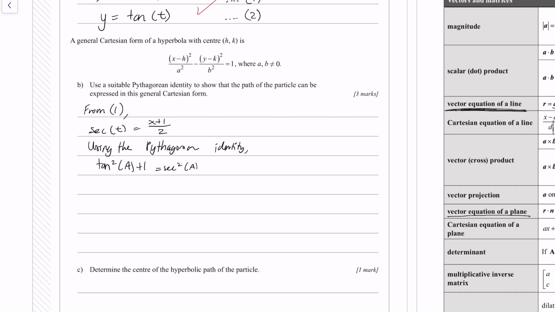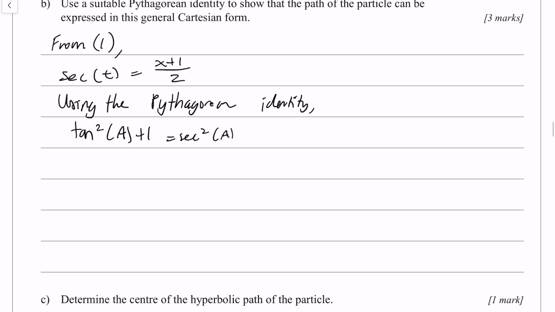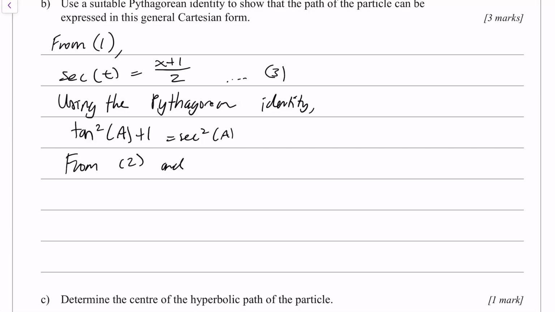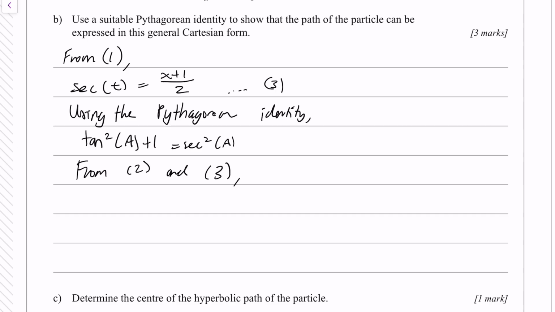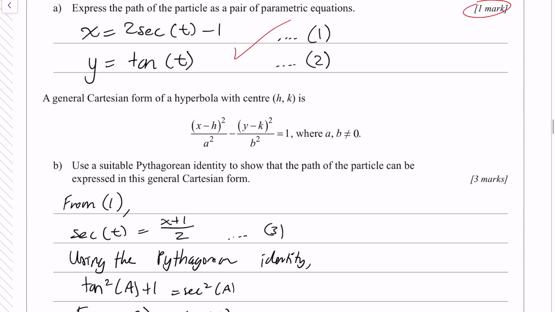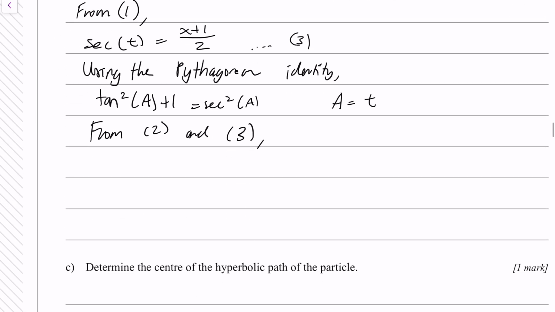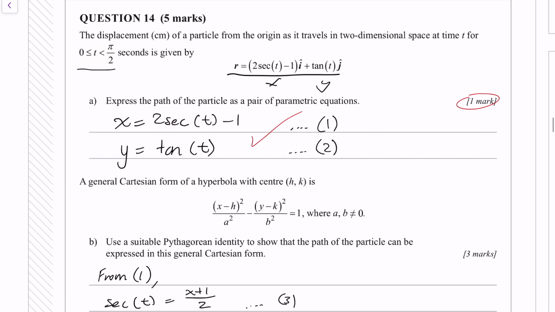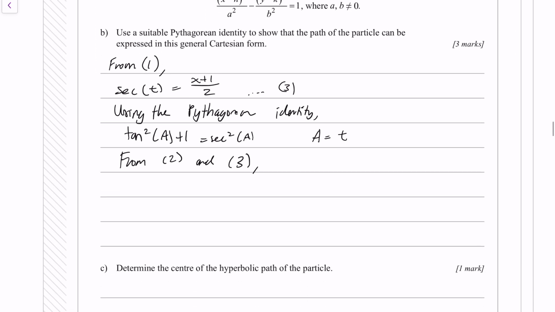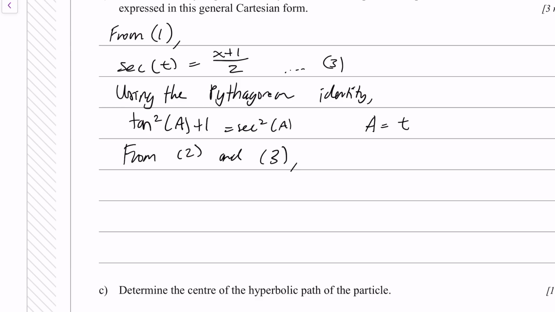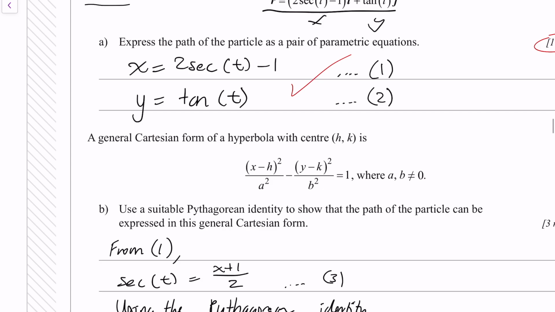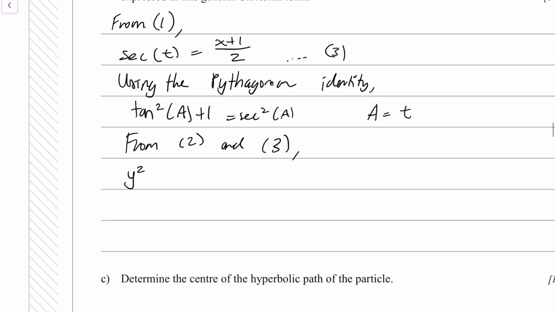From that, I can now say that from equation 2, and if we make this top equation up here 3, then I know that my tan squared of a is just essentially y squared because, well, if we let a equal t, which would be the angle in this case, then I'm basically just doing y squared, which is tan squared of t, plus 1.